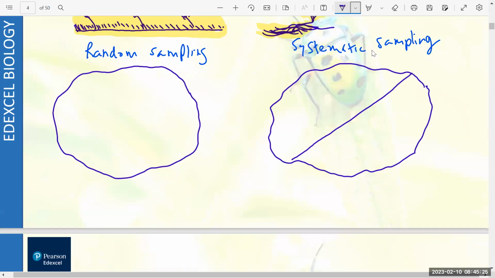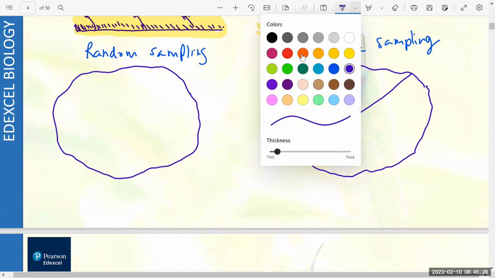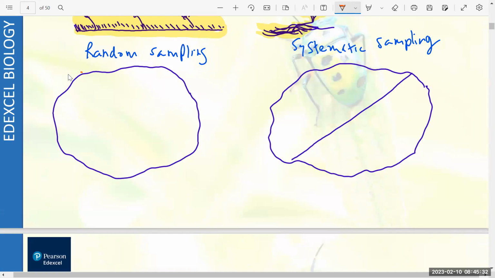Then for both areas we're going to do some method. We're going to make a small map of this area, and we're going to add certain information to the map.